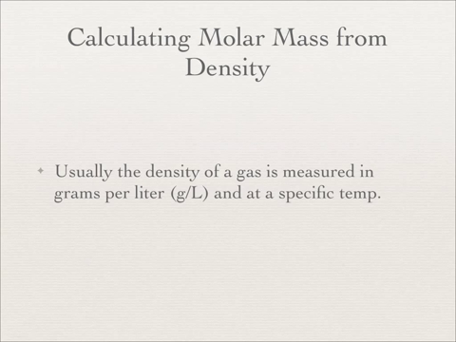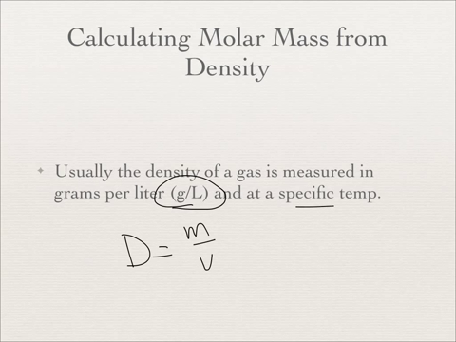One other thing we can do with this is calculate densities. Anybody remember our density formula? Density is mass over volume. Usually if we're talking about a gas, we're going to use density in terms of grams per liter. You do need to know the temperature, because densities of gases change dramatically depending on temperature.